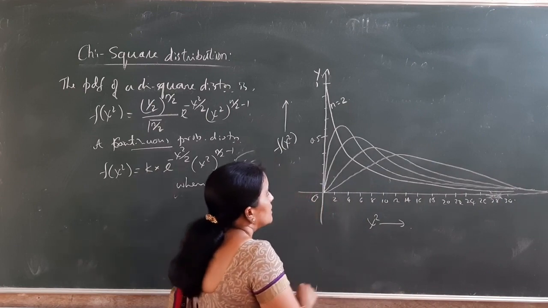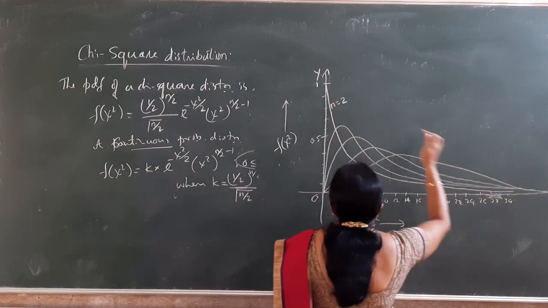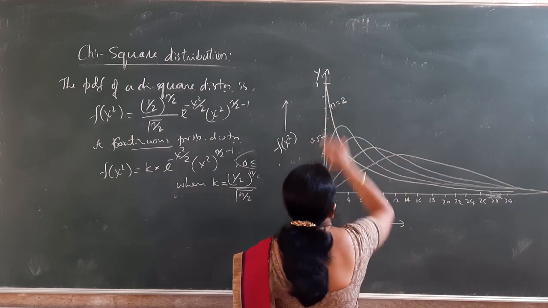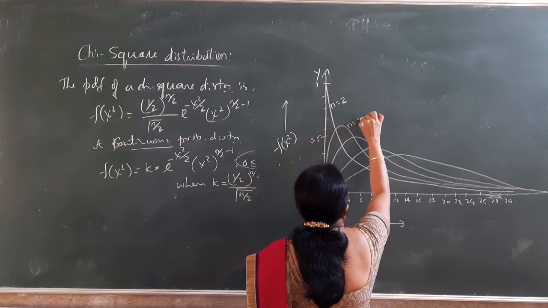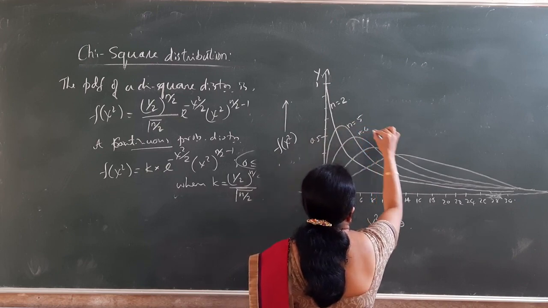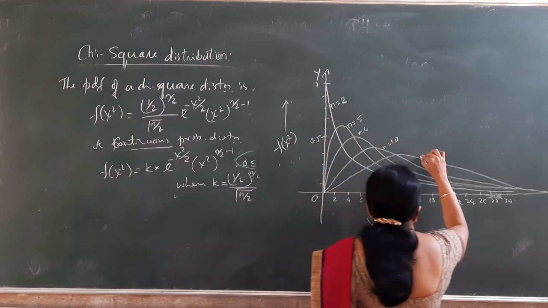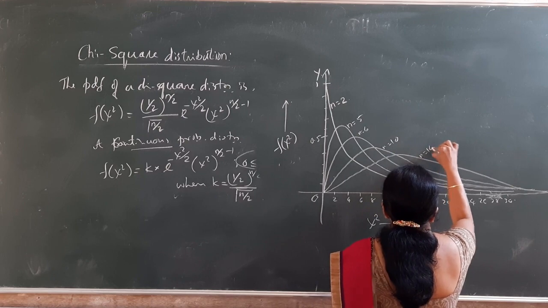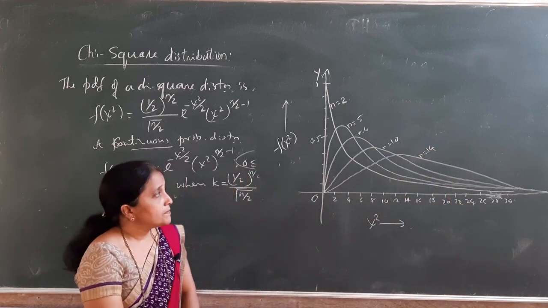So this curve is the chi-square curve with 2 degrees of freedom. Next, it may be n equal to 5 or n equal to 6, and it may correspond to n equal to 10, and this one maybe n equal to 14. Simply, I wrote the values of n.